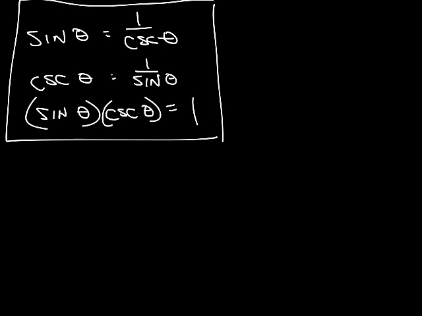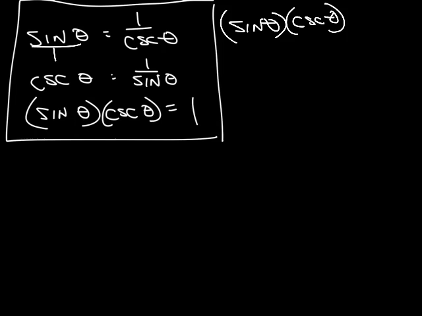So obviously, in order to get this step right here, we took this times this. So this was just like over 1. We cross multiplied. And that gave us this one right here.